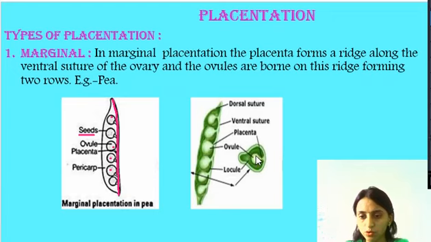This is ovule and this is placenta. Then this is locule or chamber. So here you need to remember the definition. In marginal placentation the placenta forms a ridge along the ventral suture of the ovary and ovules are borne on this ridge forming 2 rows.